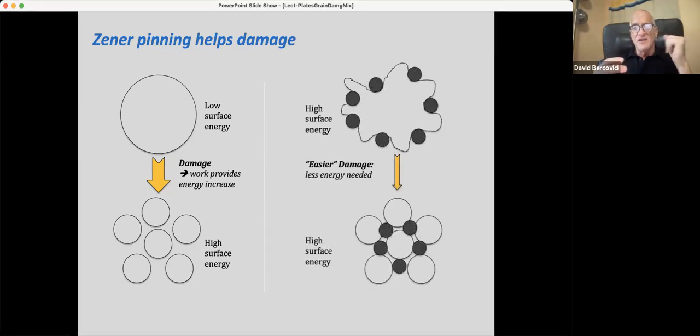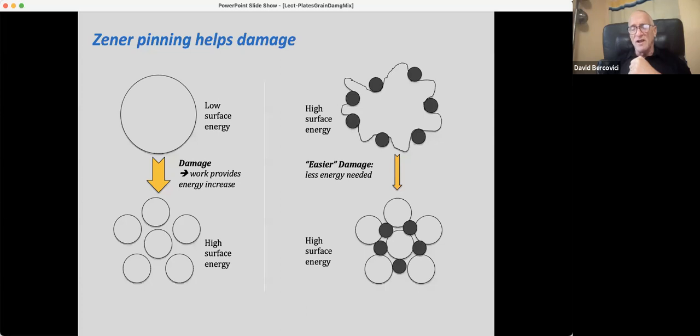But if I have these intrusions already, if the mixture has already occurred, in other words, these phases are mixed, and the big grains have to sort of squeeze them away or have to fit around the small gray grains, they already have a high surface energy. It's a higher surface energy than that circle or that sphere, and so it has a head start.